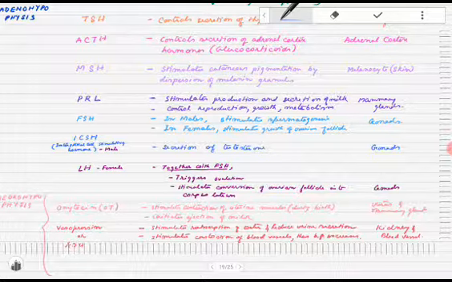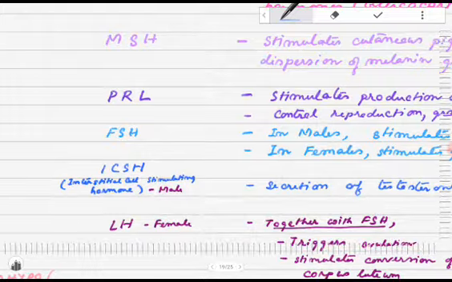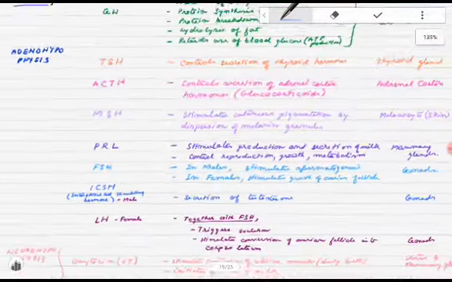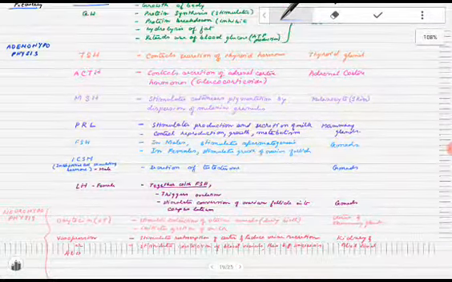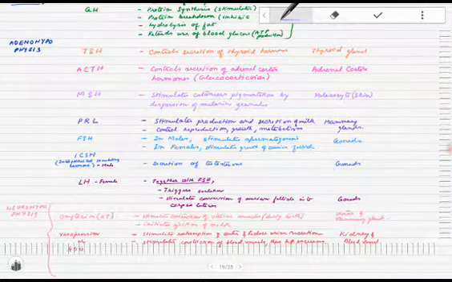FSH, the follicle stimulating hormone, acts both in male and female. In male, it stimulates spermatogenesis, and in female, it stimulates growth of the ovarian follicle. It acts on the gonads. ICSH, the interstitial cell stimulating hormone, is found in male, and it stimulates secretion of testosterone, and its target organ is the gonads.